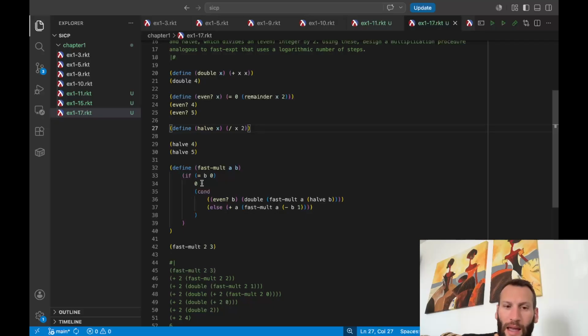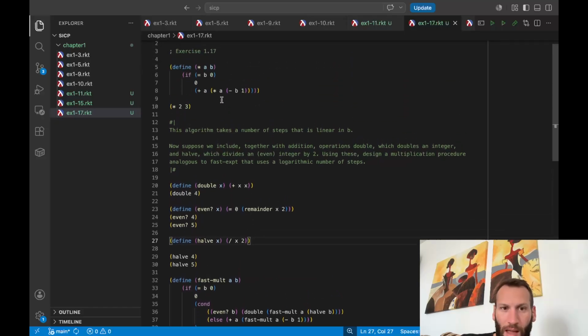As usual, I have the stopping condition when B reaches 0, and then we have a conditional procedure. If B is even, then the procedure called is double of fast-mult of A and half B. If B is odd, so the else case in this conditional statement, I simply call the same procedure as before.